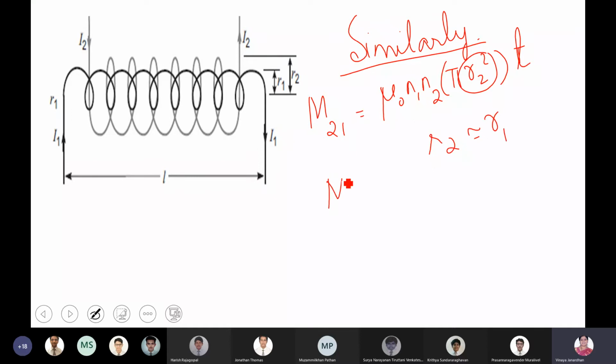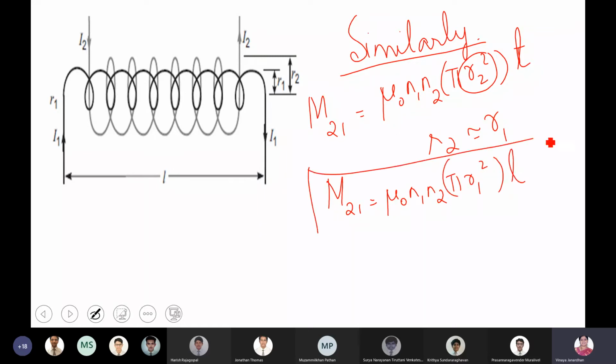Let us see why. So M21 also becomes equal to mu naught N1 N2 pi R1 squared into L. So therefore, M21 is equal to M12.